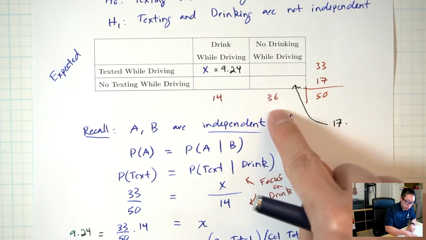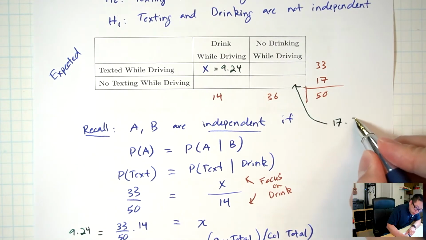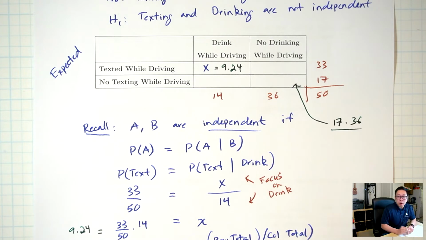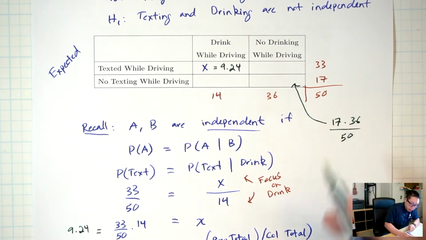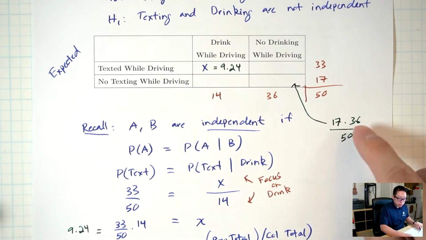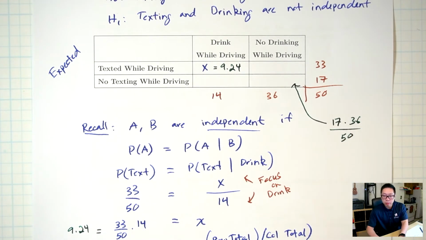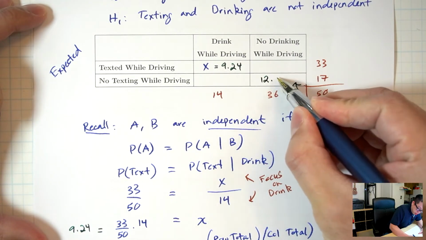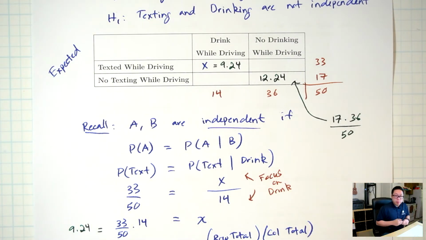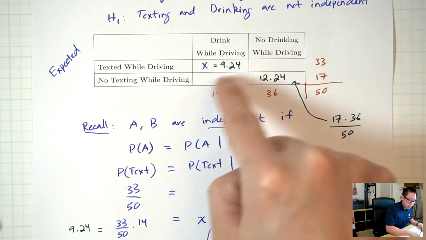Column total would be 36. And then divide by the grand total, which is the 50. 17 times 36 over 50 is 12.24. Okay, and that's how you fill in the other two boxes also.